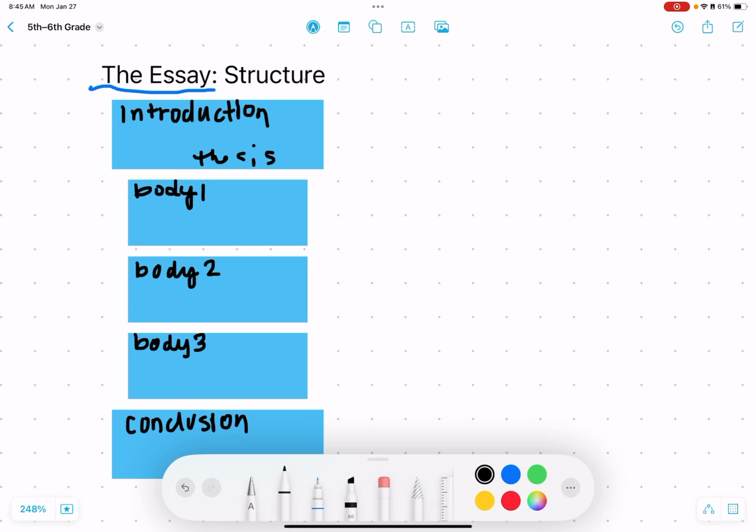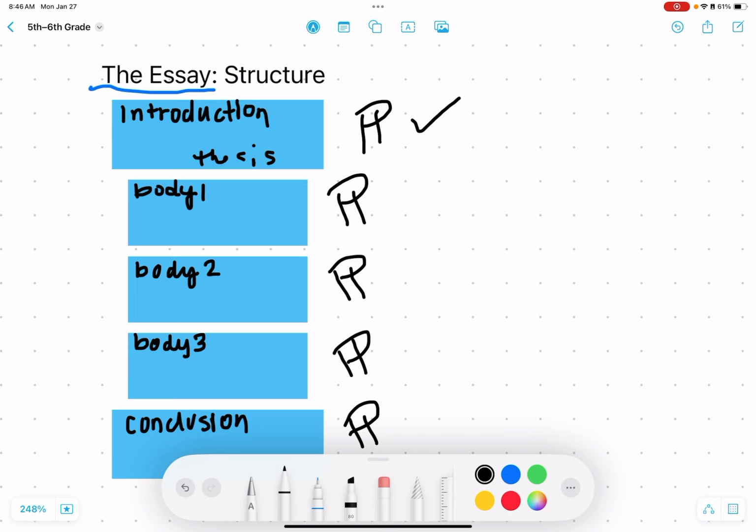So in your essay, each of these boxes represents a paragraph. And the average length of an essay is 5 paragraphs. So when you're writing these paragraphs, we start with the first paragraph, which is the introduction paragraph.